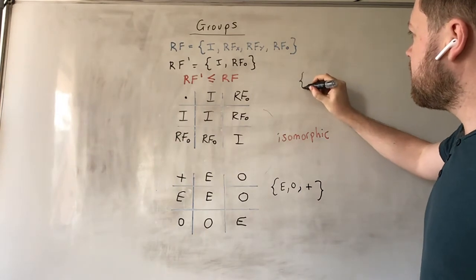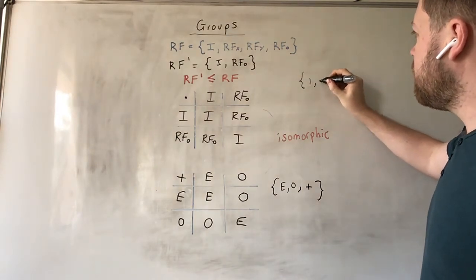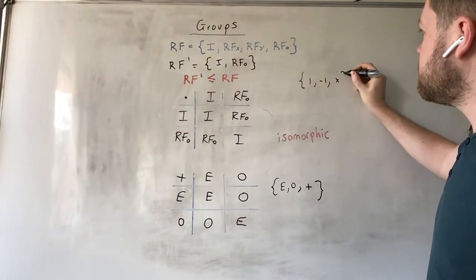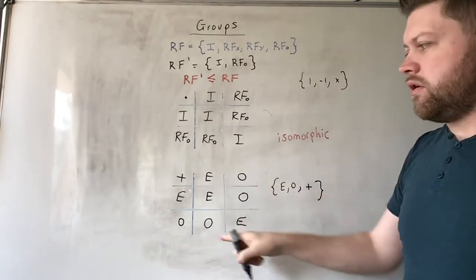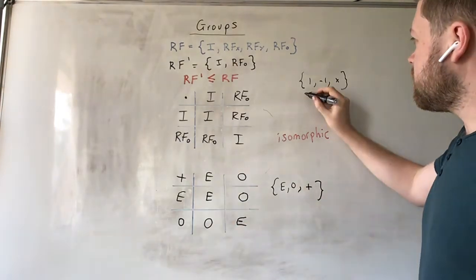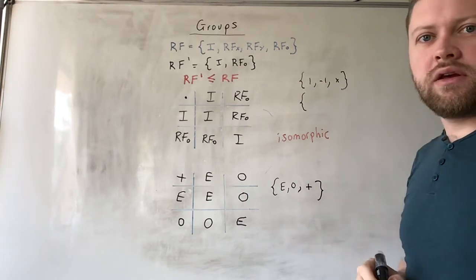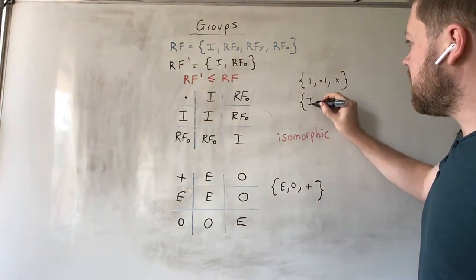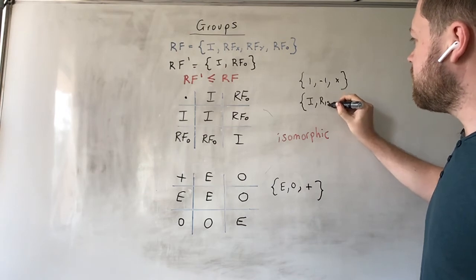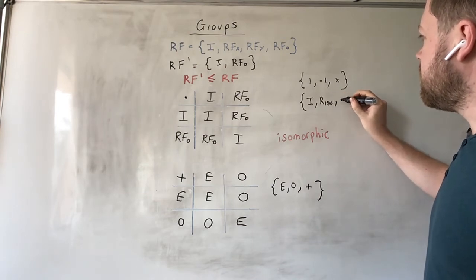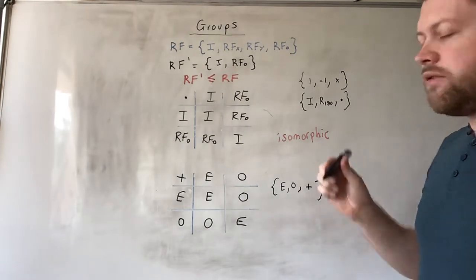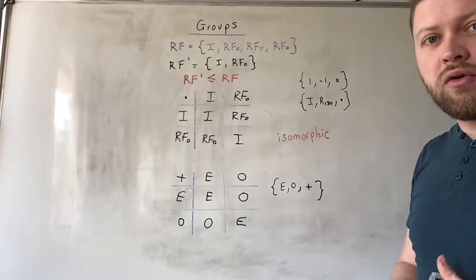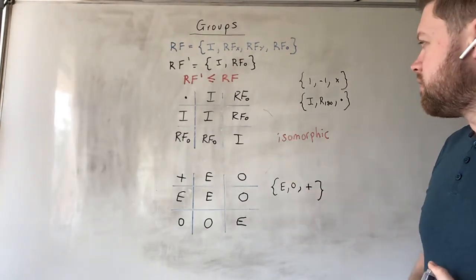You could take the elements 1 and minus 1 under multiplication, and you'll get a similar table. You could also, and we'll see this in the coming videos, take the identity element and rotation of 180 degrees under combination. These two groups are also isomorphic to these.